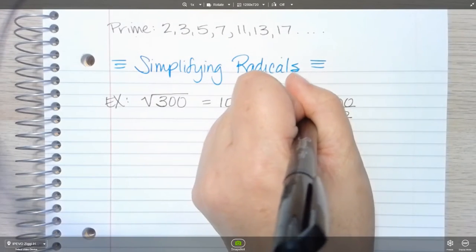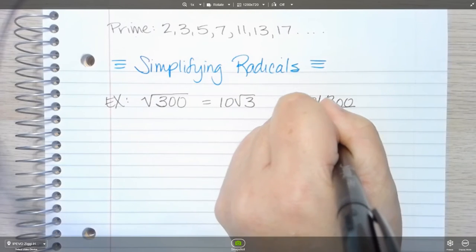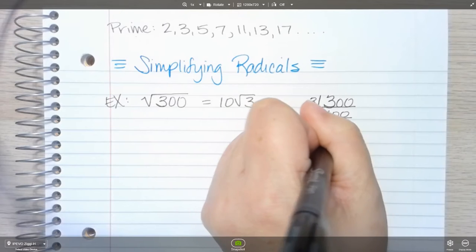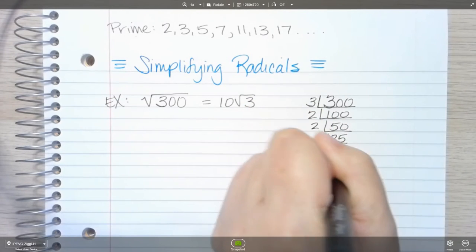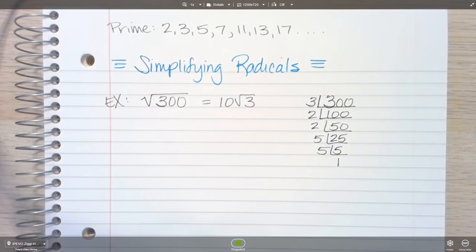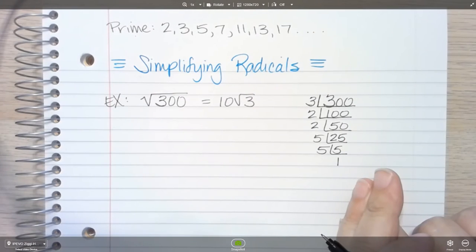I'm going to divide it by 2, which is 50. I'm going to divide 50 by 2, which is 25. I'm going to divide 25 by 5, and then I'm going to divide 5 by itself, and I get 1. Okay? All right, and once you get to 1, you know that you have completed the division process.